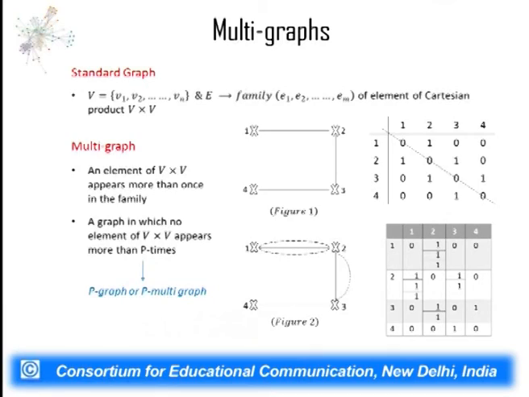Okay. So in a multigraph, what happens in relation to the standard graph, as we know that there are n vertices and some number of edges, and this is the family that the edge set belongs to. And as in figure 1, you can see that we have taken a very simple graph in the example, and the adjacency matrix, this is an adjacency matrix because it's a V cross V matrix, right?